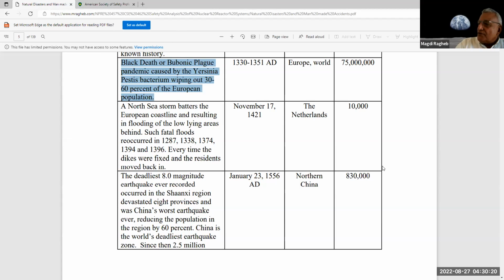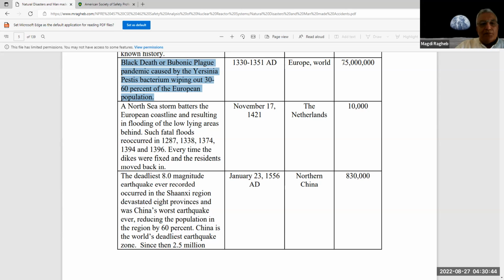Another problem that happened in terms of natural disasters is in Europe, the bubonic plague. A plague, as you know, is a disease that is spread by fleas, and the fleas are carried by rodents. And the disease occurred initially in the city of Alexandria, Egypt, along the Mediterranean, but they had trades in ships, and the disease was carried into Europe.